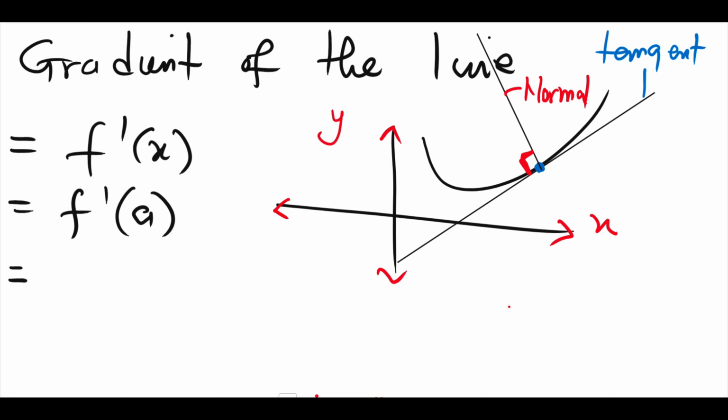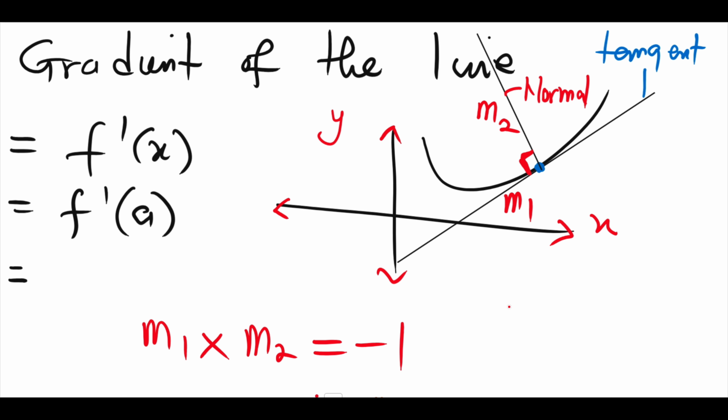So let us determine the relationship between the gradient of a tangent and the gradient of the normal. We learned that the product of the gradients of two lines that are perpendicular must give us a result of -1. So if the gradient of the tangent is m1 and the gradient of the normal is m2, it implies that the product of m1 and m2 must be equal to -1.